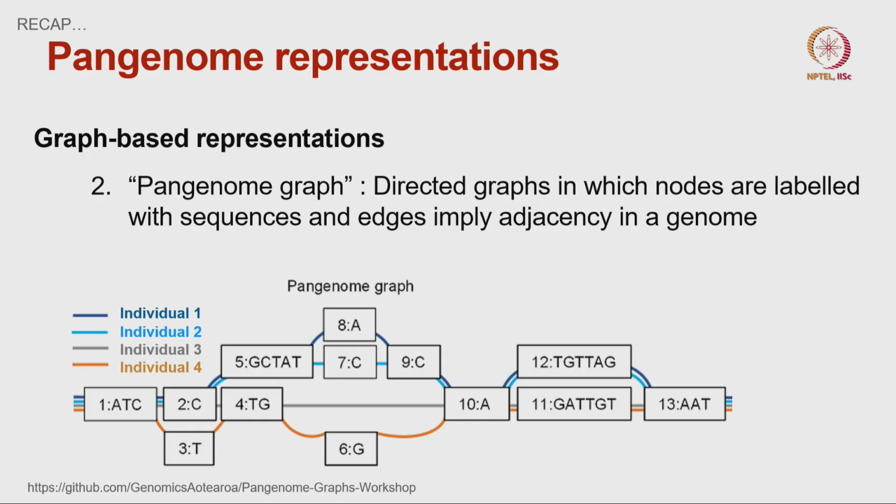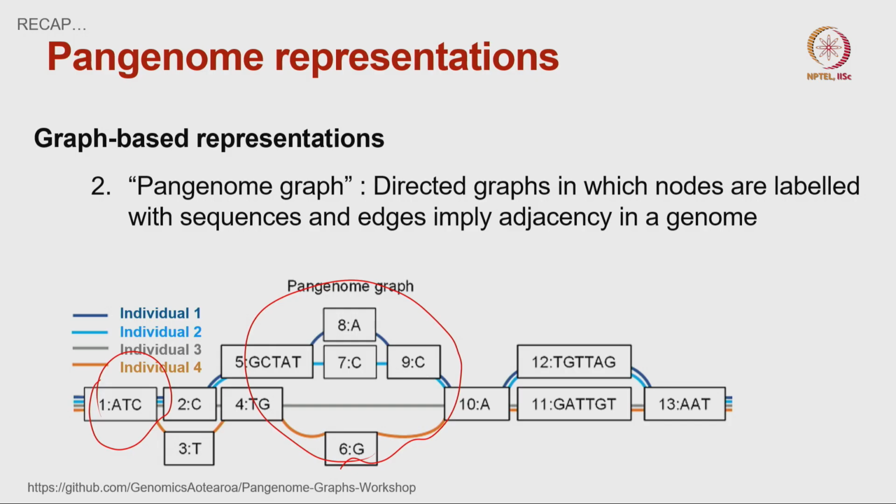At the bottom you see a toy example of a pangenome graph constructed from 4 sequences derived from 4 individuals. Such a graph tells you what portions of the sequences are conserved across the 4 individuals, and also what regions are varying across different individuals and how they are varying.